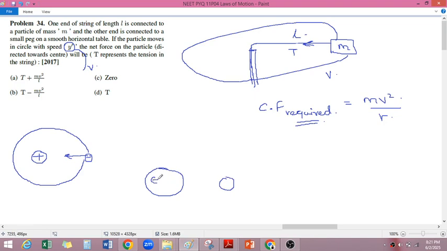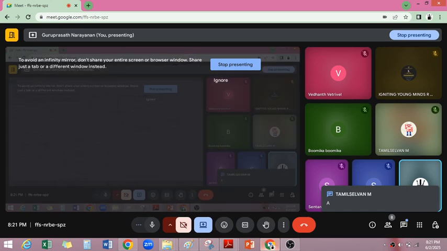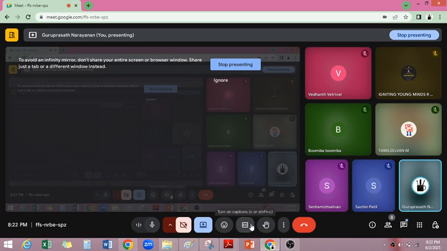The case of Earth and Moon. Who is providing the centripetal force? No answers.